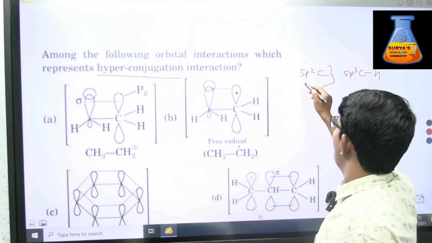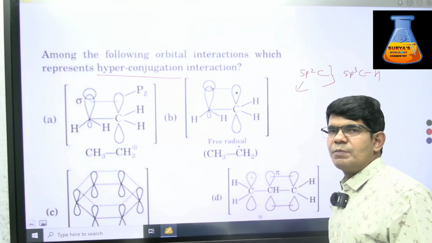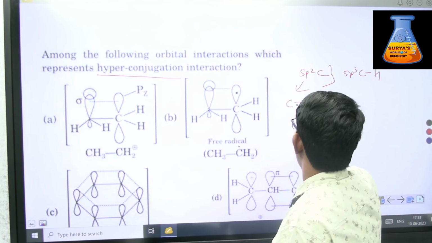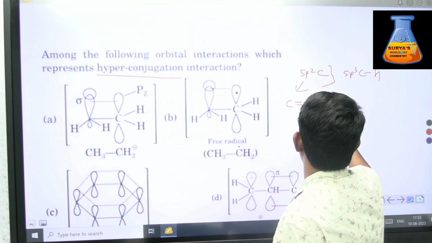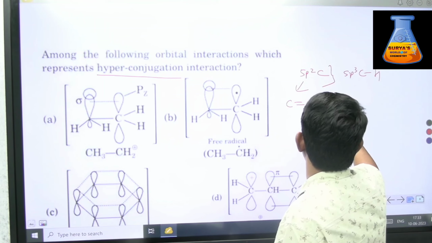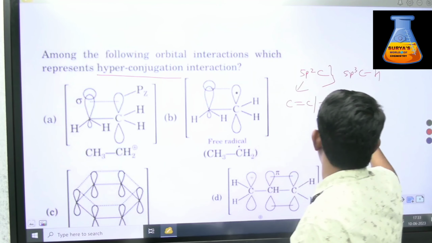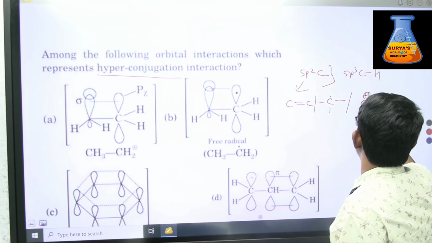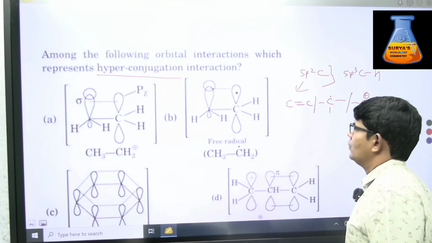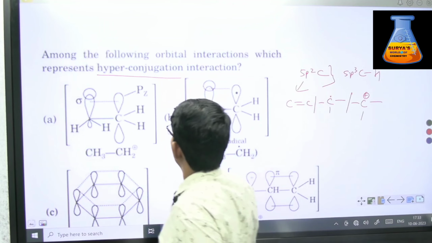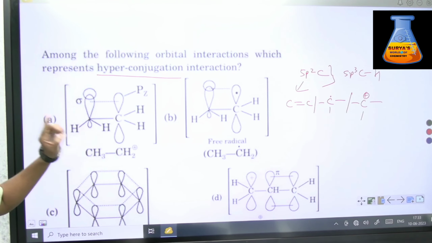So where can you have an sp2 carbon? An sp2 carbon is possible with a carbon-carbon double bond or with a radical. Even with a carbocation you can have an sp2 carbon. It's asking you to check among the following orbital interactions which represents hyperconjugation interaction.